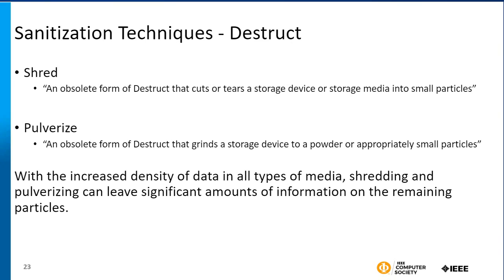And as an example, a Blu-ray disc is extremely dense, and if you have a 2 millimeter by 2 millimeter chunk, the amount of data you could recover is quite high, and that's a problem. So we're seeing shred even down to a size of 2 millimeters is just no longer appropriate because of the densities that are being used. Pulverize has kind of a similar problem.